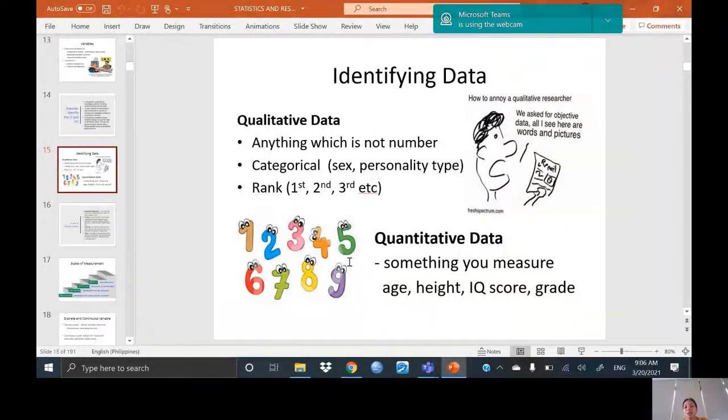And we also have quantitative data, something that you measure in terms of height, IQ score, grade. Quantitative data is something that you can add up. The rule of thumb is anything that can be added up is quantitative data, something you measure like age, height, IQ score, grade with numeric values.